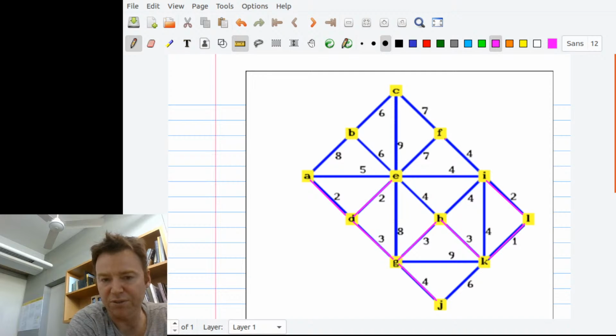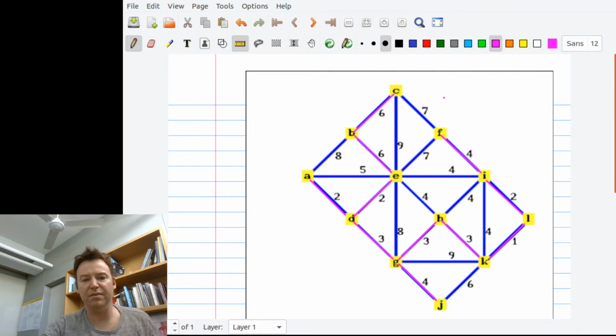That's forbidden. I do need this one. Any more 4s? Nope. A 5. No, I need it. There's a 6, and a 6 as well. And that's it.